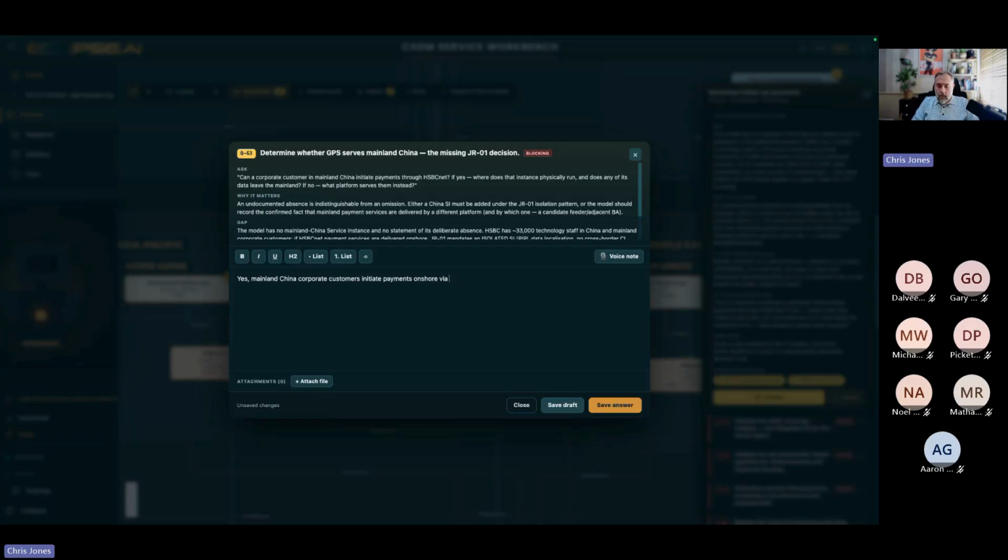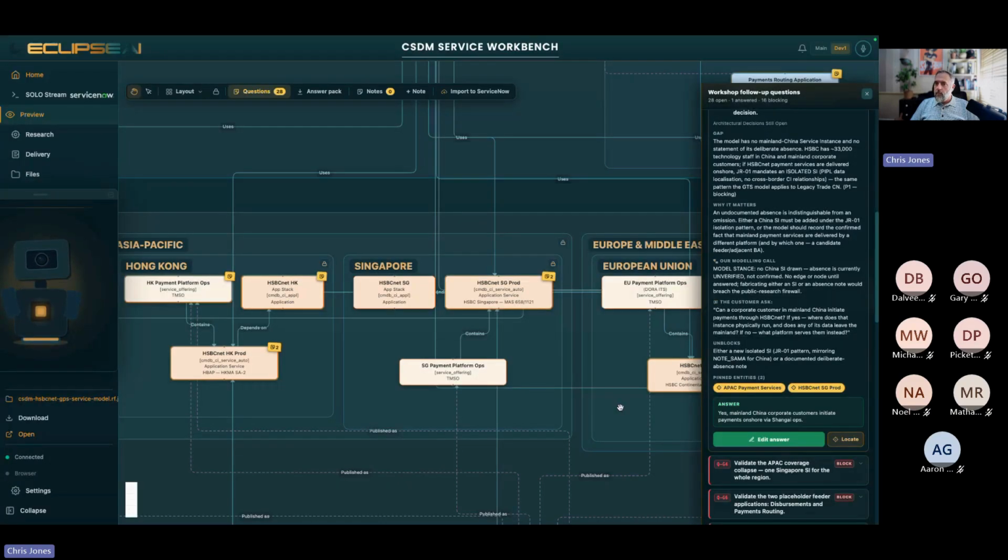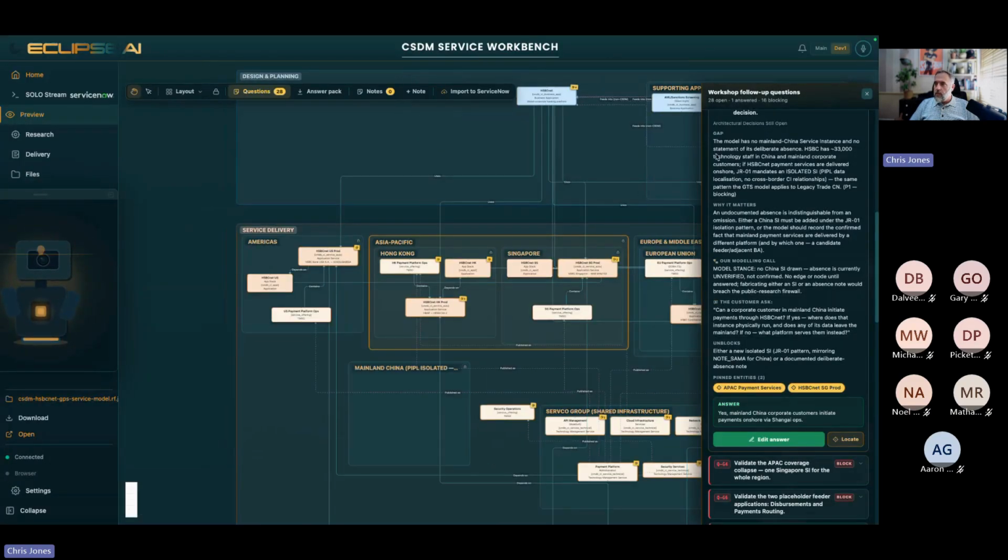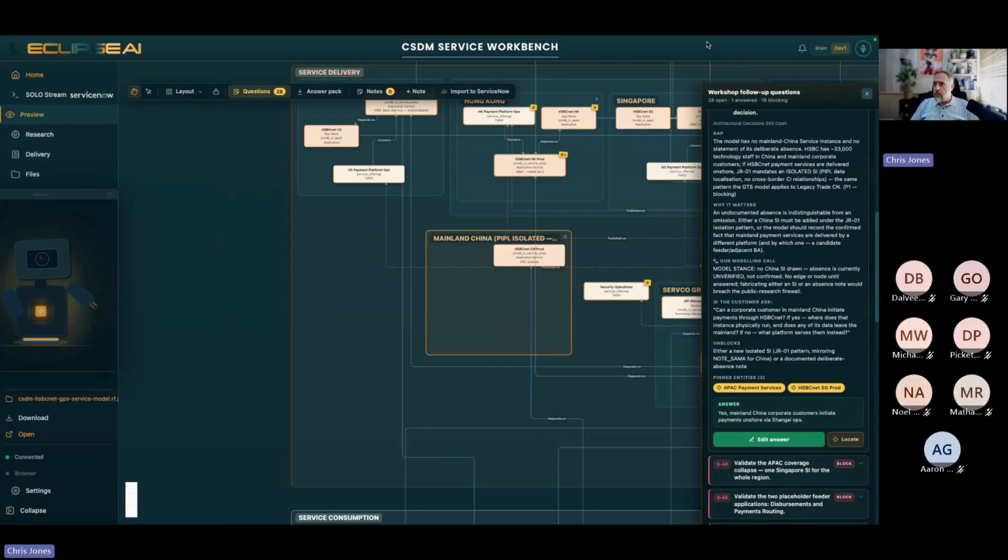Shanghai. That's how you spell Shanghai. Save answer. Solo takes the wheel. Let's see if she builds something cohesive.